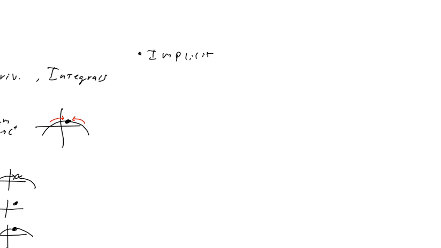An implicit derivative is when you do d/dx of an equation like 2xy minus 3x equals 5, right? And from this, you get a dy/dx.